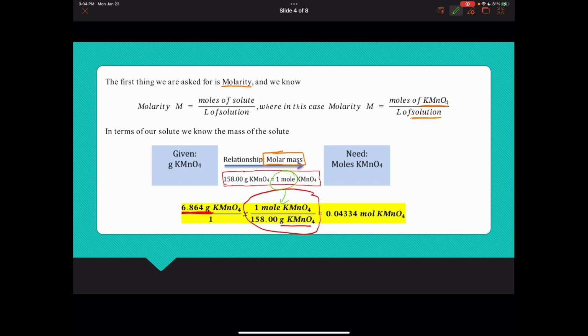So we're going to multiply through. We're multiplying the 6.864 by 1, and then we're dividing by 158. The grams cancel, leaving us with moles. So we'd get 0.04334 moles of potassium permanganate. So we've got the first bit of information we need in order to calculate our molarity.